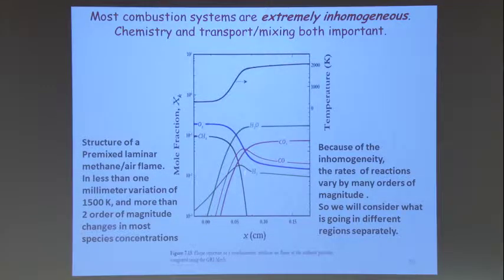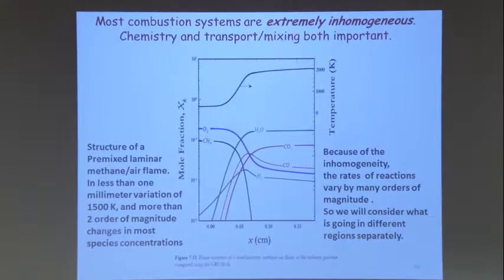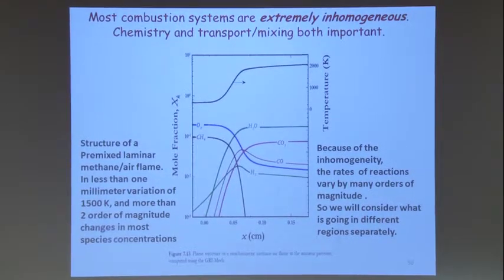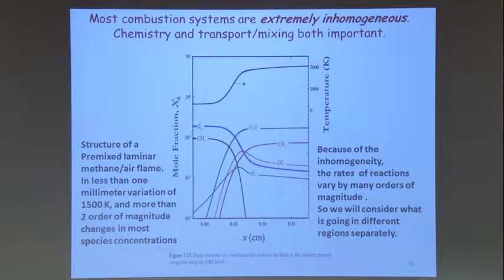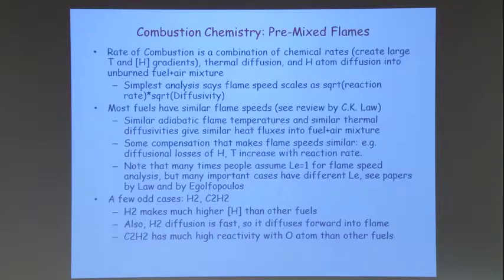It's up here. So somewhere in this range is also OH, which is a radical, and then down a couple orders of magnitude is the H atoms, which are the ones that really matter the most. But the OH actually matters too. The problem is the OH diffuses slower, so it's not as important for the flame speed.